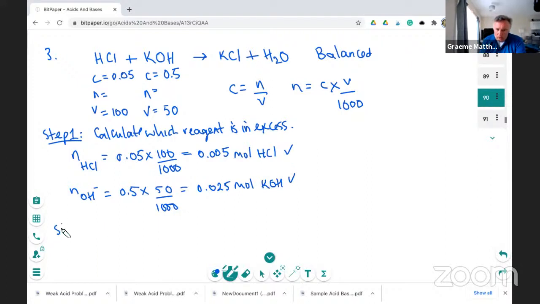So step two. What I teach chemists is to write down the steps so the examiner can follow along: oh, this is what they're doing now. They got the moles of acid, the moles of base, and therefore step two is that they're going to calculate, obviously, 0.025 is larger than 0.005, so put down moles of hydroxide ion in excess.